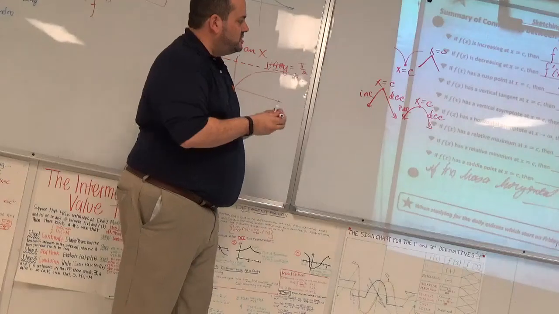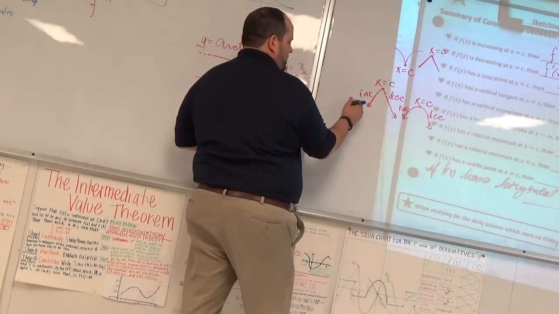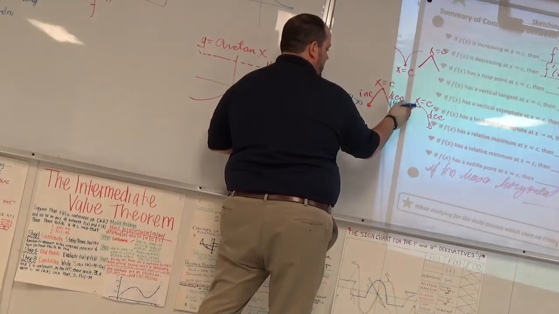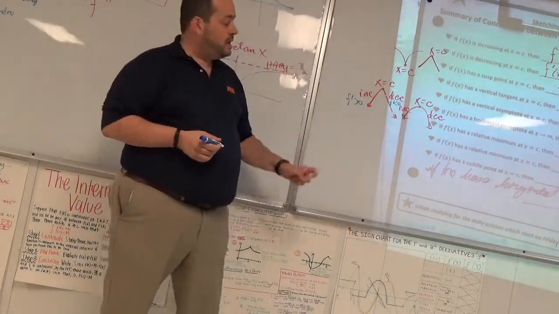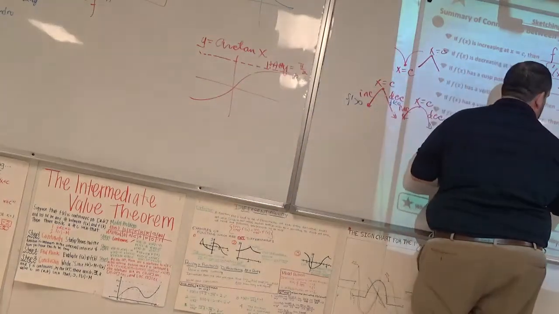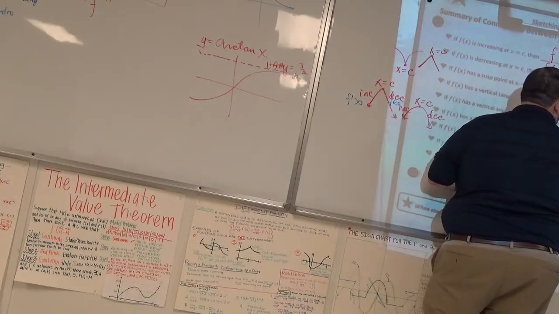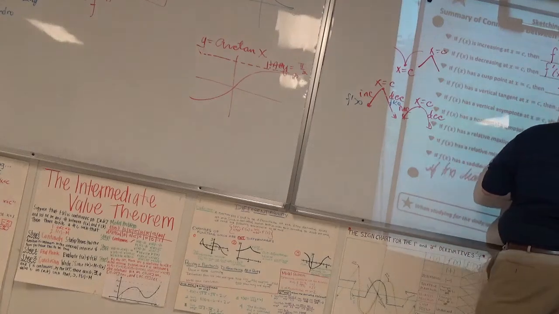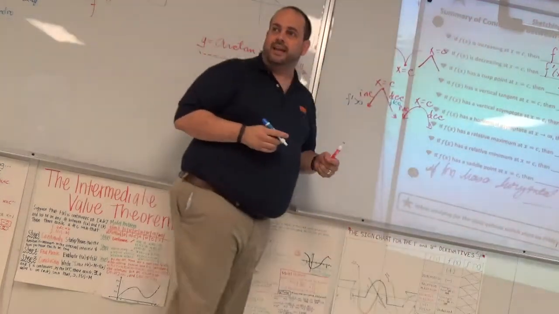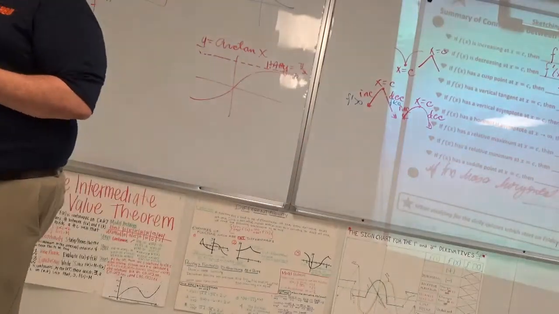Over here f prime is positive, but on this side f prime is negative. So in calculus, when we talk about a relative max, what we're saying is that f prime changes from positive to negative at x equals c. I care greatly about that change from positive to negative.